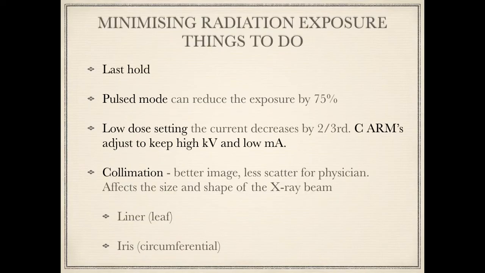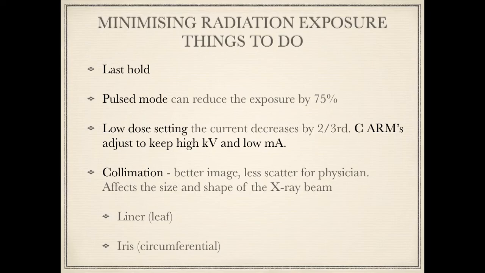There are also simple things you can do to minimize the radiation exposure, like last image hold. If you have two screens, you keep the last image on one screen. That helps you locate where you were in the previous image, and if you modify anything, you have a better correlation in terms of how things are moving.